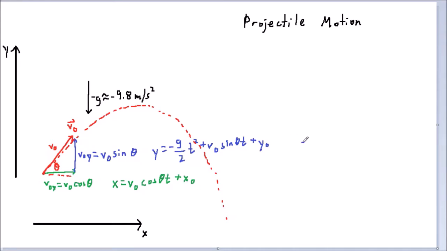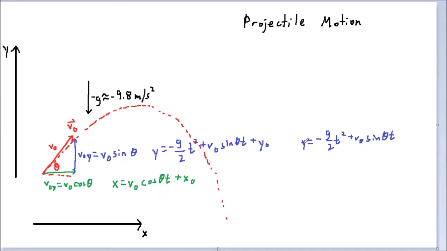Assuming that we start at y0, we're going to have that y equals negative g over 2 t squared plus v naught sine theta t plus 0. So we're going to ignore that term right now. And well, when does this projectile land? Well, this projectile lands when this y equals 0.